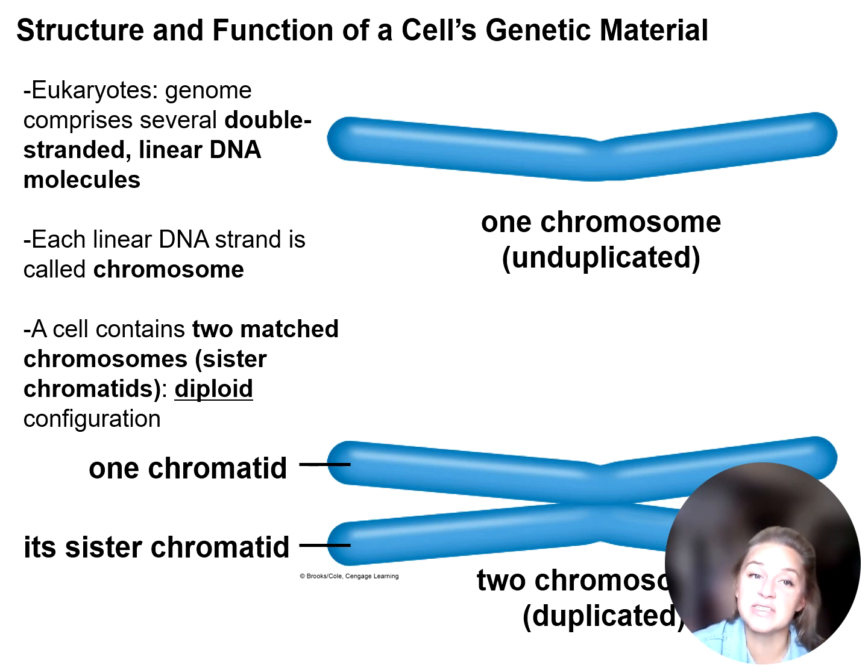What we're talking about is linear DNA molecules. So each linear DNA strand is called a chromosome. A cell contains 2 matched chromosomes, sister chromatids, and we call that diploid. Again, di means 2, so that means we have 2 copies. The 1 chromosome here we would call haploid, which is half of the total genetic information.